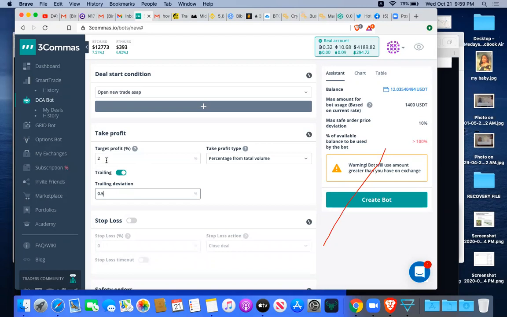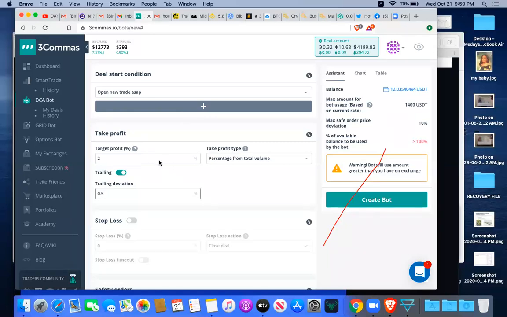For instance, you have set 2%. The market crosses your 2%, and eventually the coin has done 10%. It won't close that market at 2%. It will continue moving the market till that 10%.